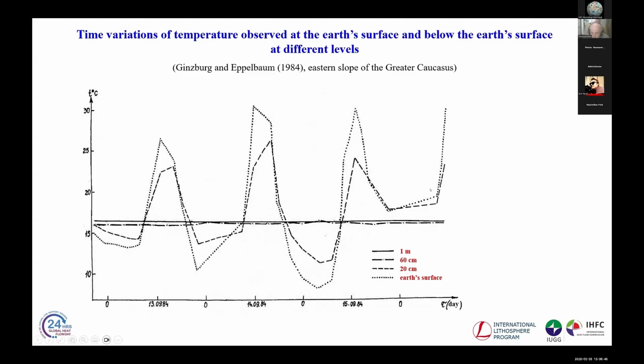The first observed at the Earth's surface, and you see we have a higher amplitude of the temporal variation of the temperature field. At the level of 20 centimeters below the surface, we also have significant amplitude of the temporal variations. At the depth of 60 centimeters, it is also significant. And at 1 meter, we also have some small variations.